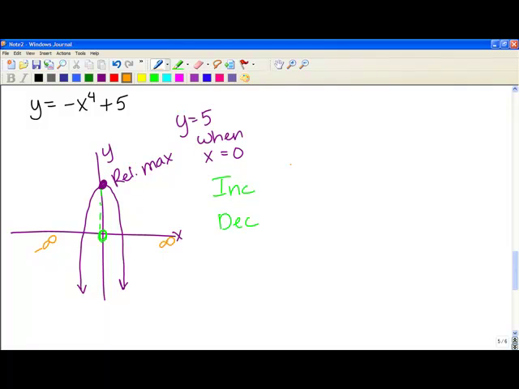So keep in mind, only the x values we're concerned with. So, taking a look, starting on the left, heading towards the right, we see the function is coming up here to this point, so it's increasing, and you can see that it's increasing from negative infinity over to 0.